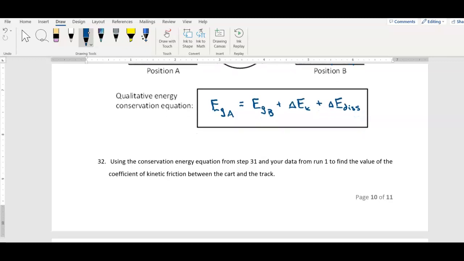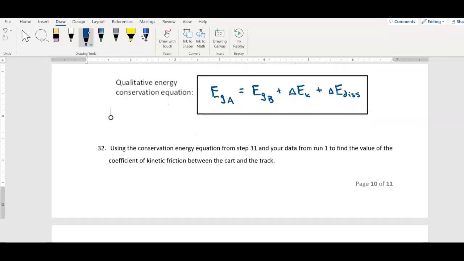And then 32 says, let's use this conservation of energy equation and the data from run 1, that's the top row of our table, and find the value of the coefficient of kinetic friction. Okay, so I'm going to leave this for you to do, except that I'll just say that this is the height at the top of the ramp.